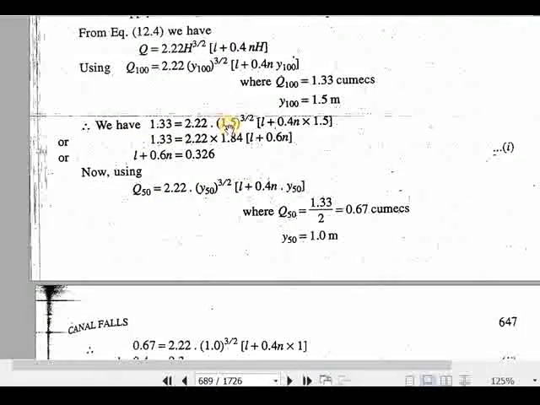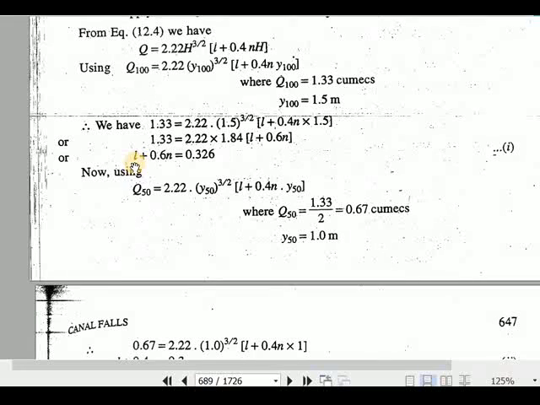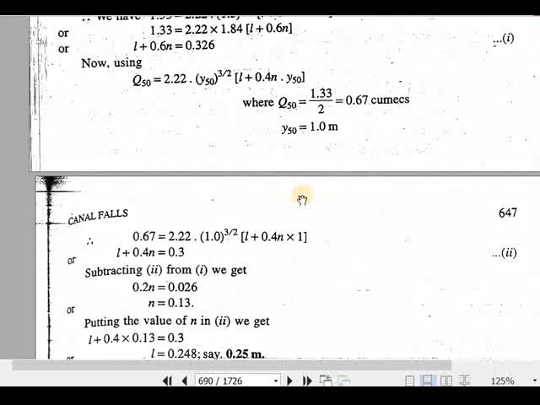So for full supply we enter 1.5, and H is also 1.5 meter, and the equation will be in terms of L and N.